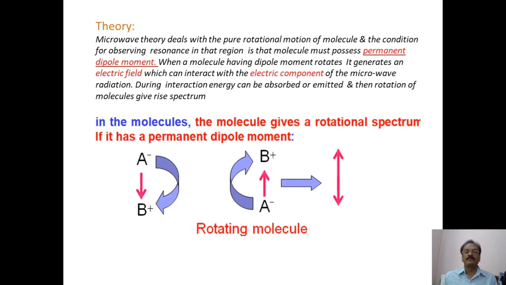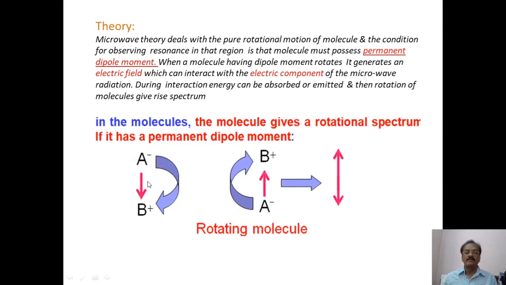When you say the word dipole, it means they have two poles, plus and minus. When you consider a molecule with a heteroatom, which has a difference in electronegativity, they have a difference in electron attracting tendency. So one end gets a partial negative charge, and the other end a positive charge.